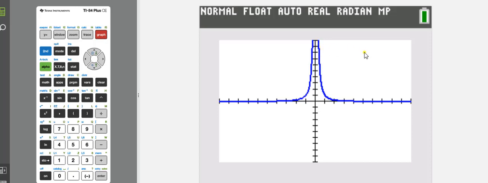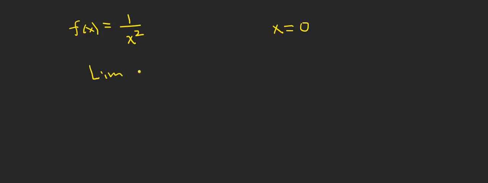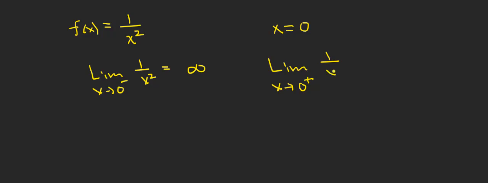So therefore, we have the limit of 1 over x squared as x approaches 0 from the left going to positive infinity, and as x approaches 0 from the right, we went to positive infinity. Therefore, x equals 0 is a vertical asymptote.